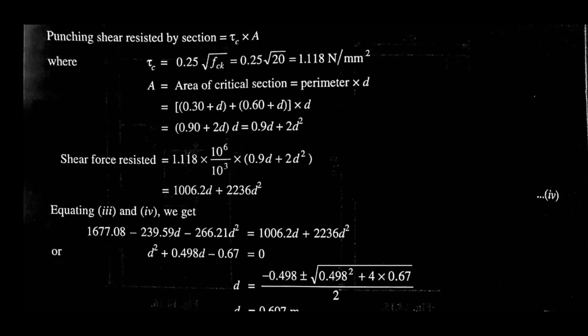So by equating this equation we get 1677.08 minus 239.59d minus 266.21 d square plus 1006, that is equals to 1006.2 d plus 2236 d square, or d square is equals to 0.498 d minus 0.67, that is equals to 0.